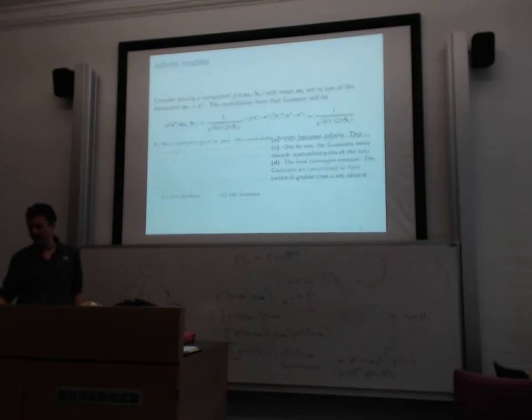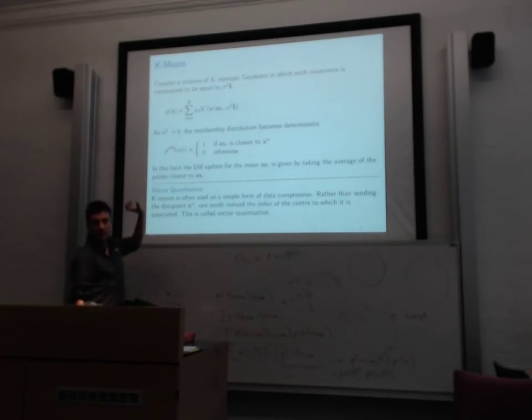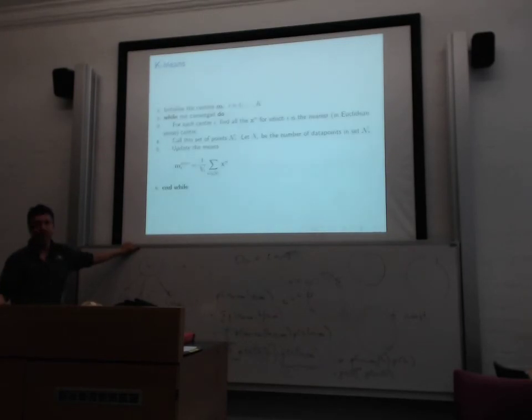And actually what will happen is that all these expectations that you're taking in the EM algorithm become simply that if mu_i is the closest center to data point x_n, these probabilities become 1. Otherwise they become 0. When you do that, you get the celebrated k-means algorithm.